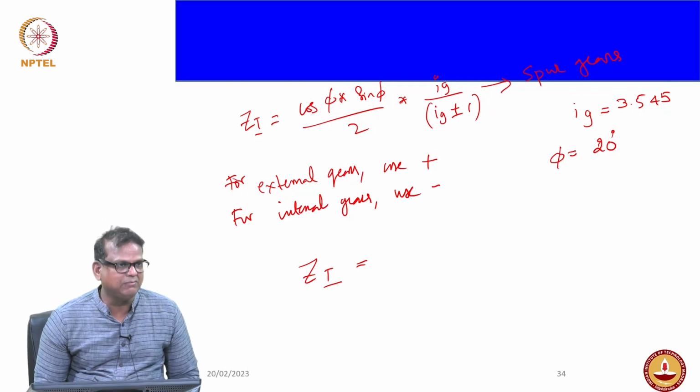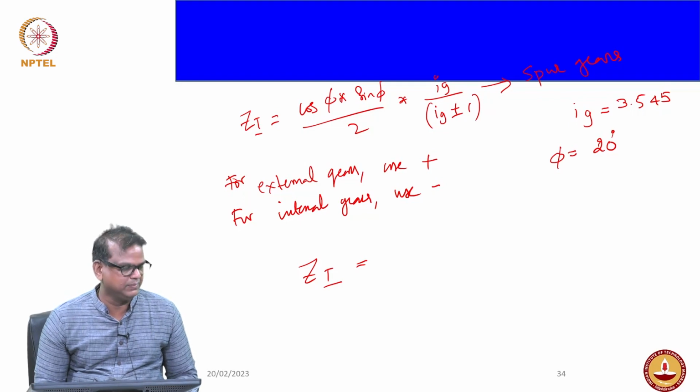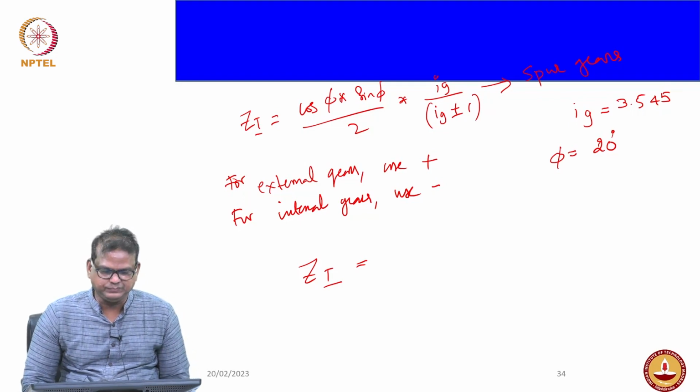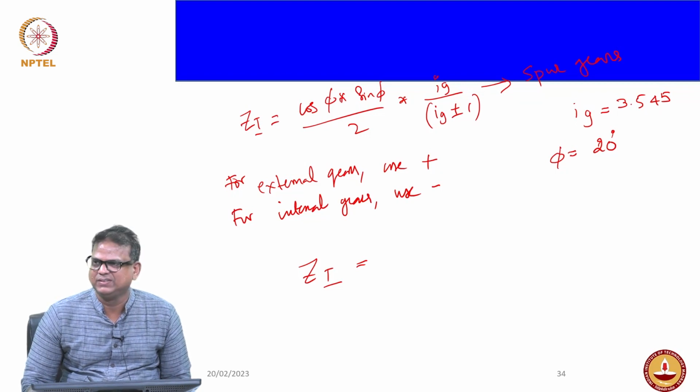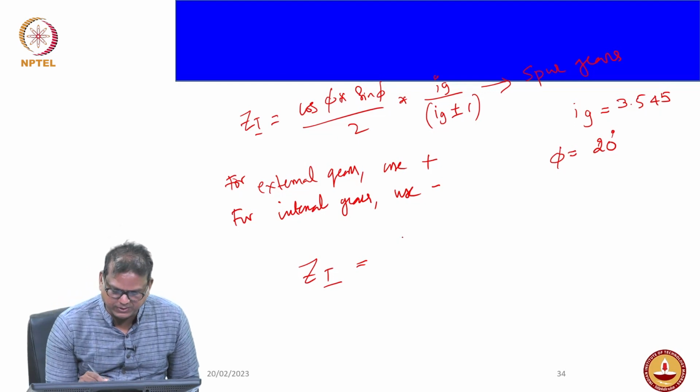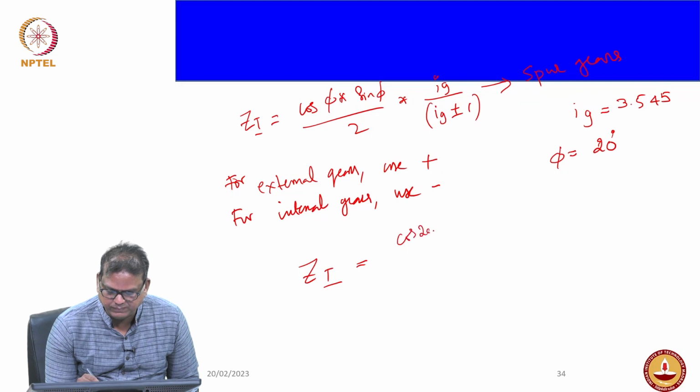Can I have the ZA value? What is the value you are getting? I think something like 0.125. You should expect 0.125. Okay. We substitute cos 20 into sin 20 by 2.